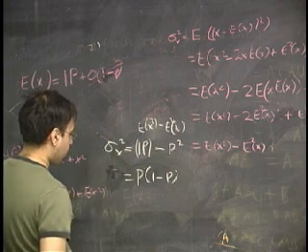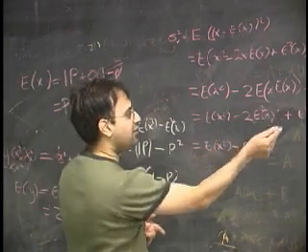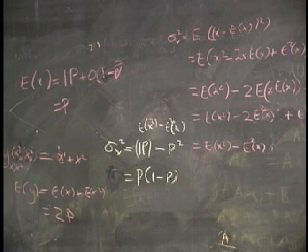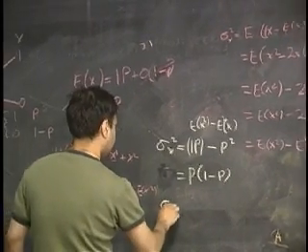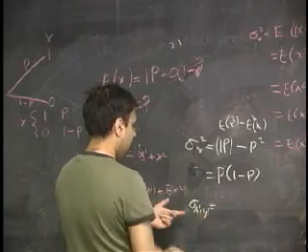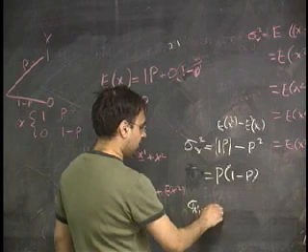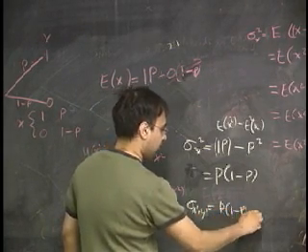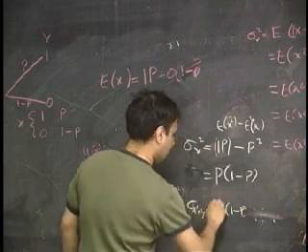And if we want to use that the two things are independent, then if you wanted to compute the variance of x1 plus y1, you'd get that it's equal to p times 1 minus p plus p times 1 minus p, or 2 times that.